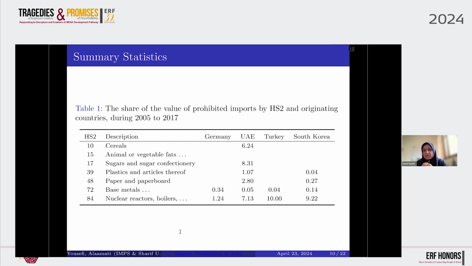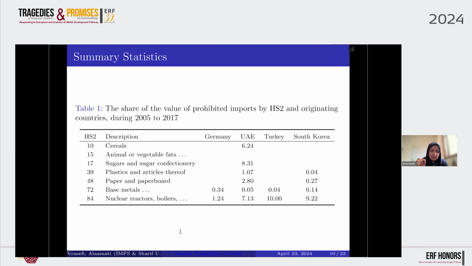And since Fisman and Wei 2006, the difference between the reported exports of exporting countries and the reported imports of the importing countries is considered a good or reasonable proxy for illegal imports. Not a perfect one, but a reasonable one.